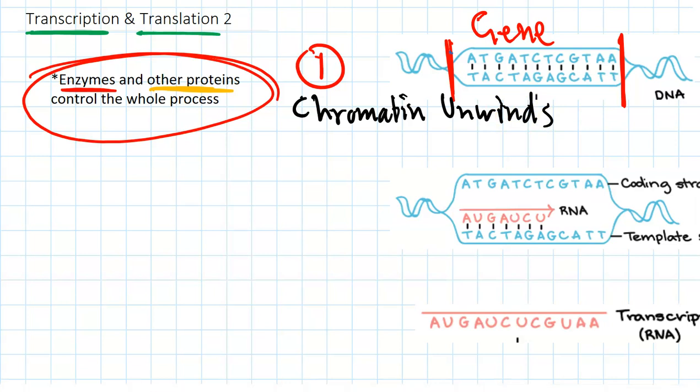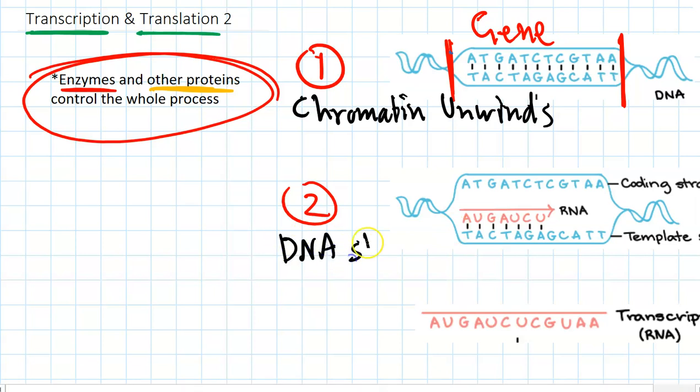Okay, the next stage is the two strands of the DNA separate so that an enzyme can actually get in. Remember, DNA is made of two strands, but only one of those strands needs to be copied. So the DNA strands separate.